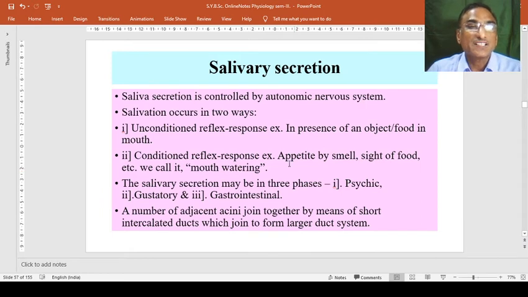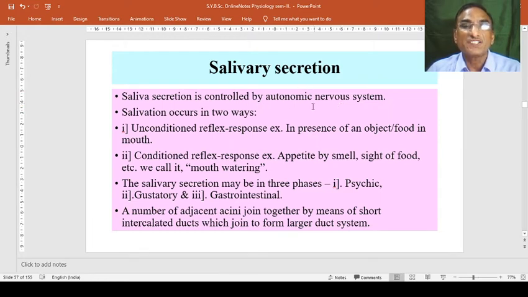Next, salivary secretion. How does salivary secretion take place? Saliva secretion is controlled by the autonomic nervous system. Autonomic means the system which works in an autonomic way, therefore the name autonomous or autonomic nervous system is given.